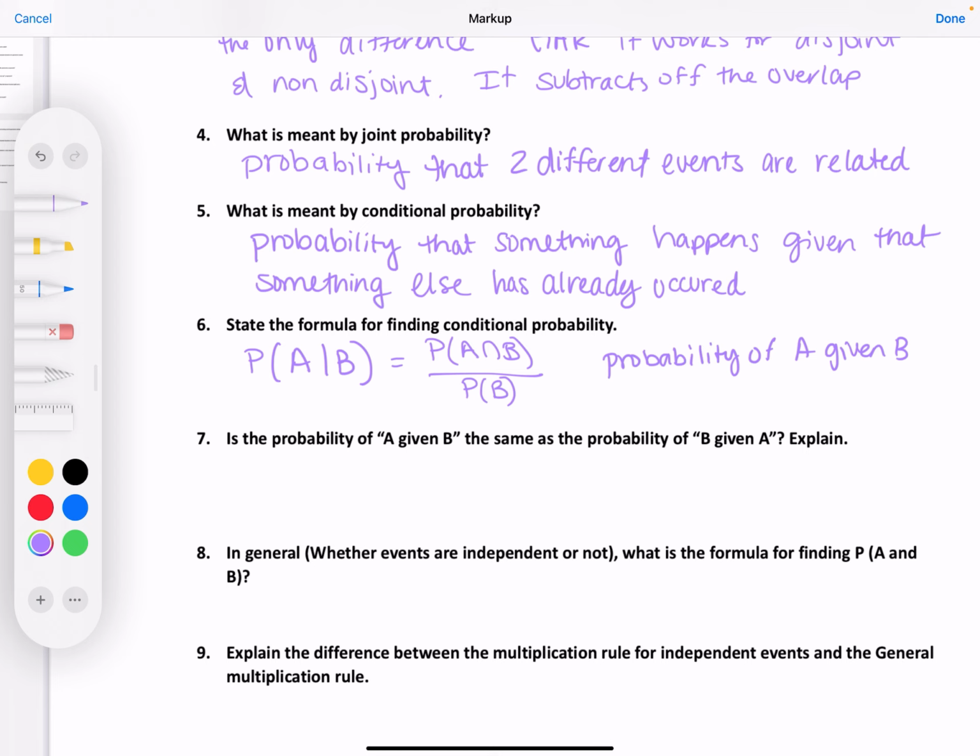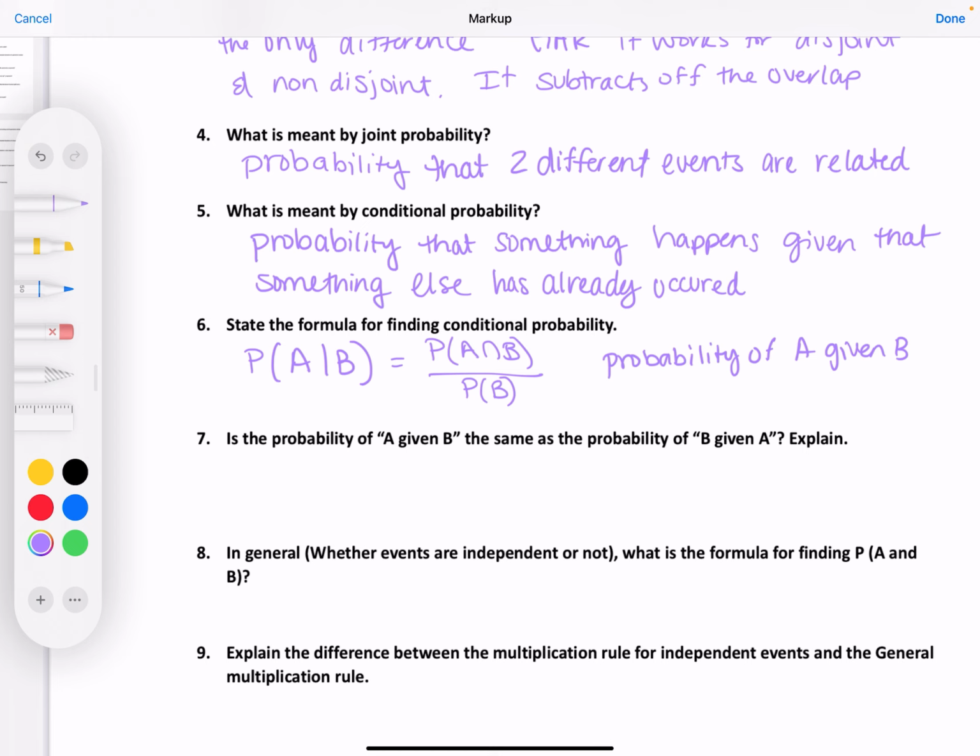Is the probability of A given B the same as the probability of B given A? No. When you divide by different numbers, you get different answers. It depends on how you look at the question, because you're technically using the same formula and you can call either set A or set B. But if we decided that this is set A and this is set B, and you were to switch them, you are going to get a different answer.